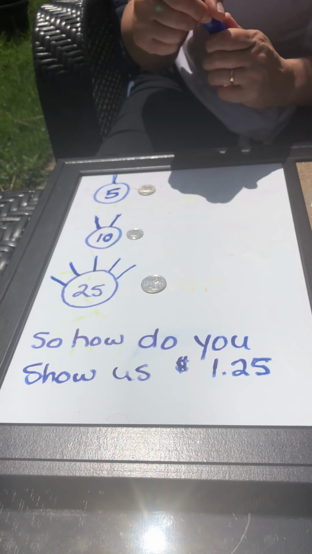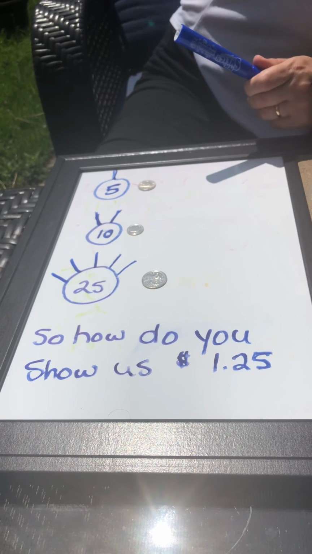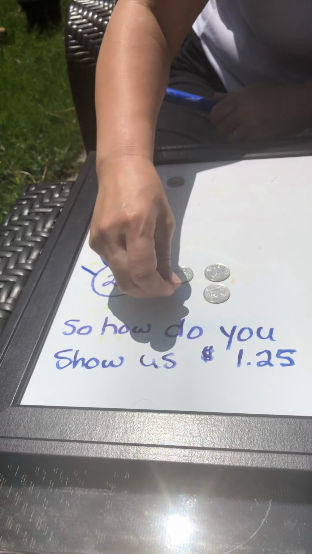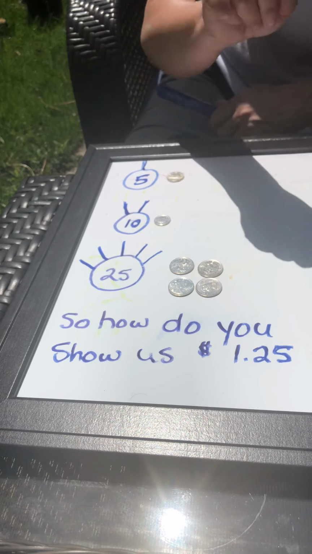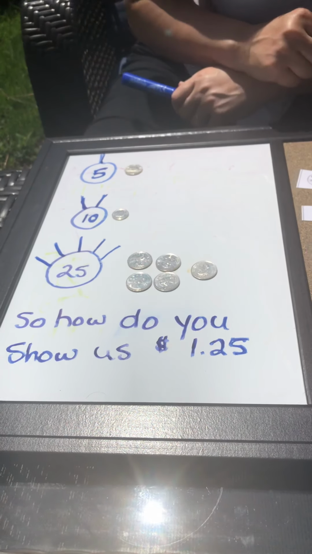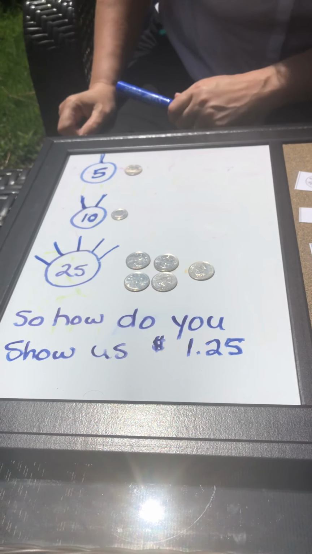Somebody just guessed 5 quarters. Let me see if that's right. So you have 5 quarters. 4 quarters equals $1. And then one more 25 cents equals $1.25. If you guess that, you're correct.